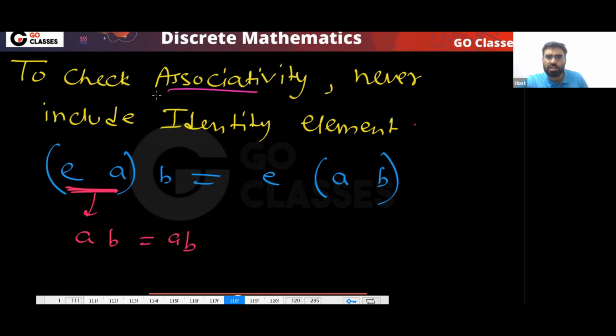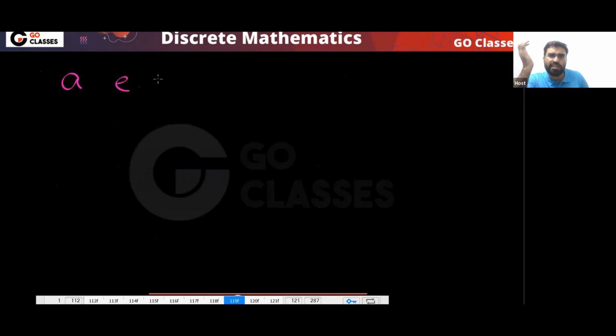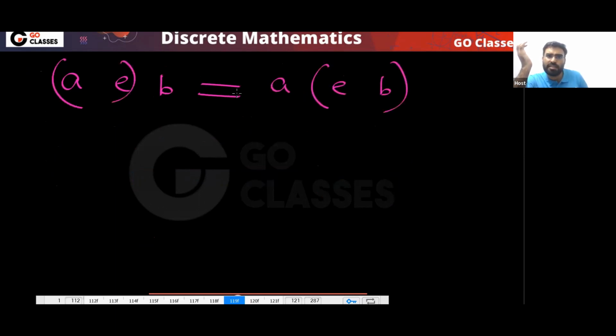So to check associativity, never include identity element. Because if you include identity element, the associative property will be satisfied. For example, let's include identity element like this. Can I say this is same as this? Are they same?